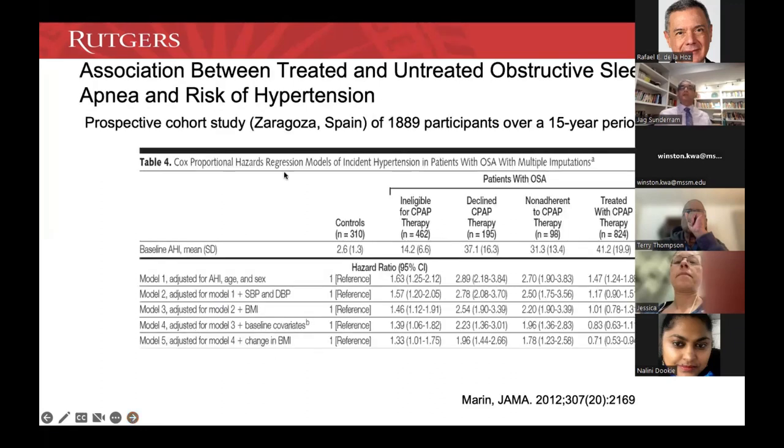Hypertension, treated and untreated OSA, and the risk for hypertension was looked at by Marin and colleagues, and they showed that if you were non-adherent to CPAP or you declined CPAP, but then compared them to a group treated with CPAP, there was a significant reduction in the hazard ratios or odds ratios for hypertension.